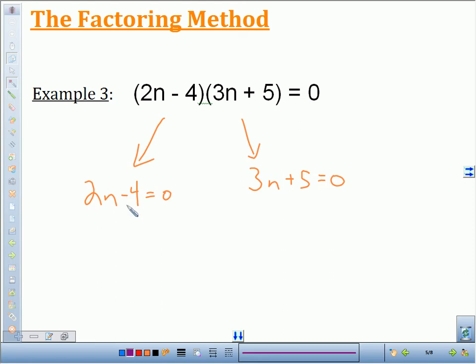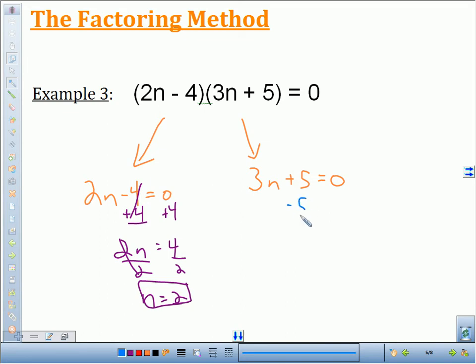So over here we start by adding 4. This is a two-step equation. We've solved many of these before. 2n equals 4, so we divide by 2. We get n equals 2. On the other side, I could subtract 5. And I have 3n equals negative 5. Again, just a two-step equation.